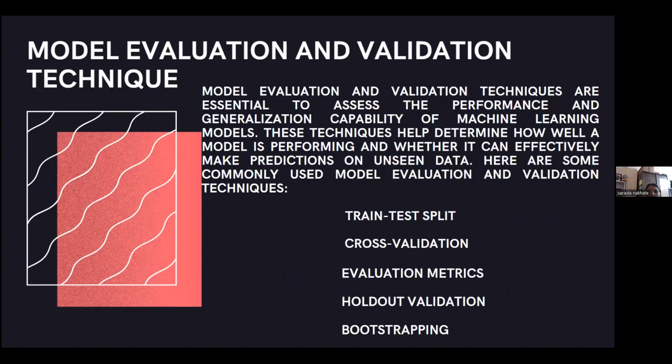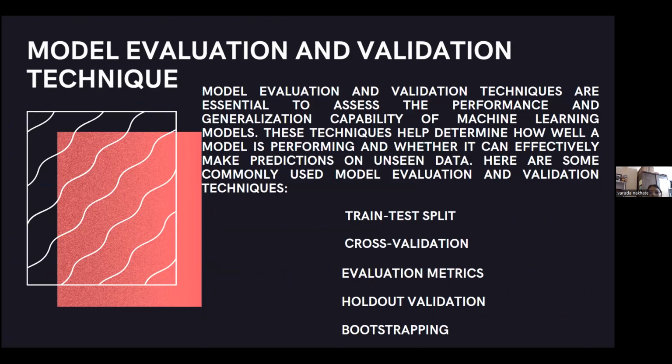Moving on, now model evaluation and validation techniques. Model evaluation and validation techniques are essential to assess the performance and generalization capability of machine learning models. These techniques help us understand how well our model is performing and whether we are able to make particular predictions or not.